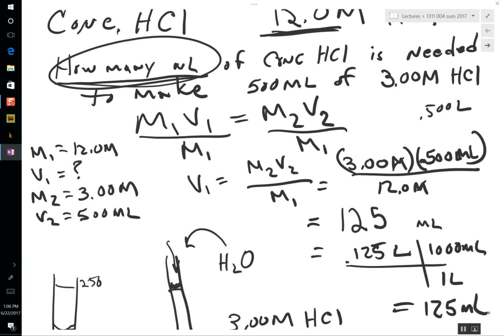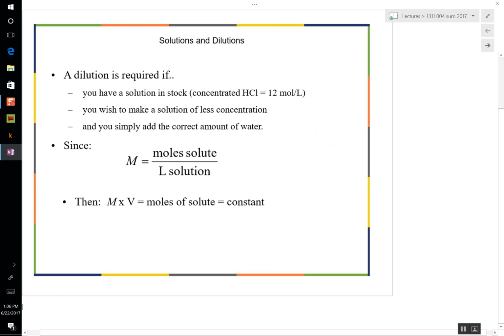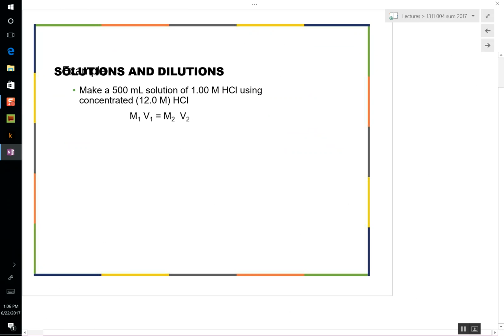This really isn't giving you moles of HCl here, you're getting kind of millimoles, but you're going to weigh out or measure out your HCl as milliliters. Okay, so that's what's going on here.